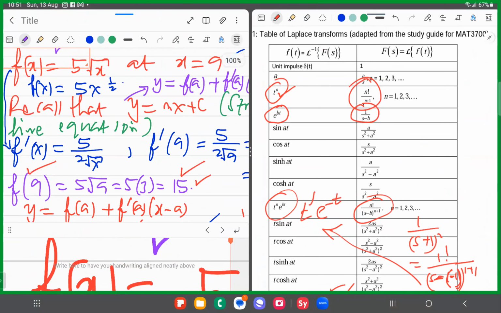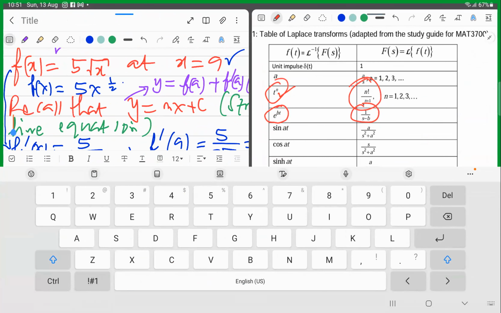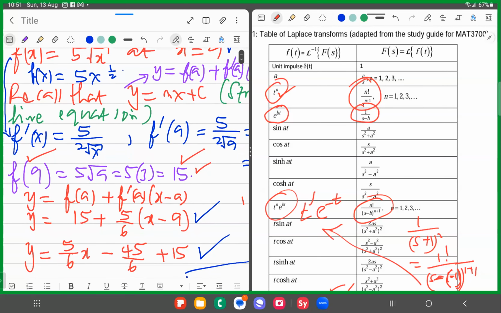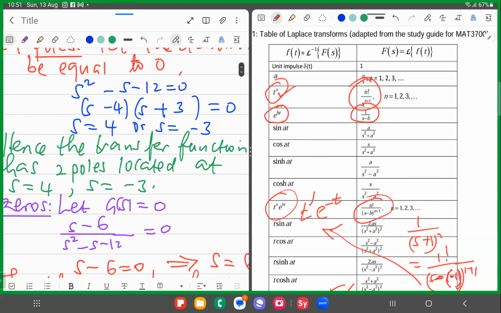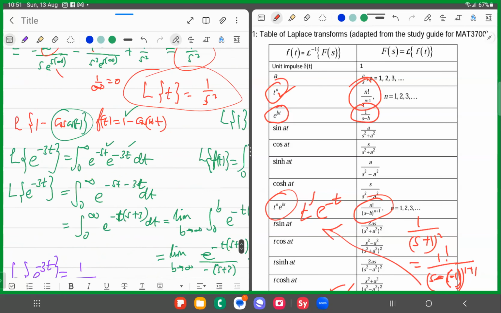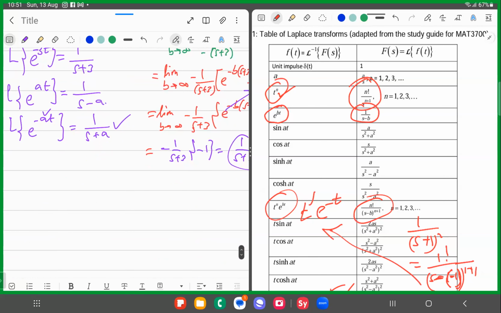Let's see what we get. Let's see what we have here. Right, let's go to the end. That's where I was. I want to just compare the tables.